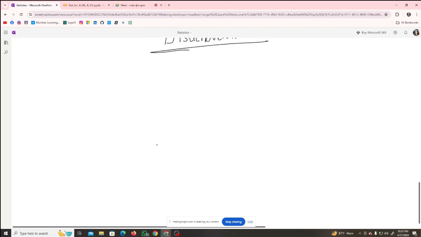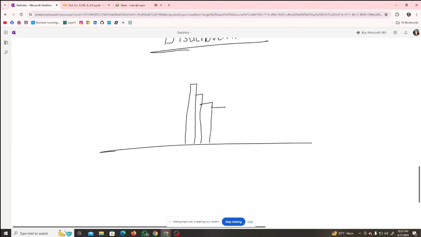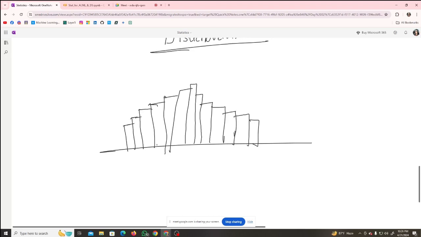So let's draw a histogram. Sorry for my bad drawing. Anyways, each of these columns is called a bin.